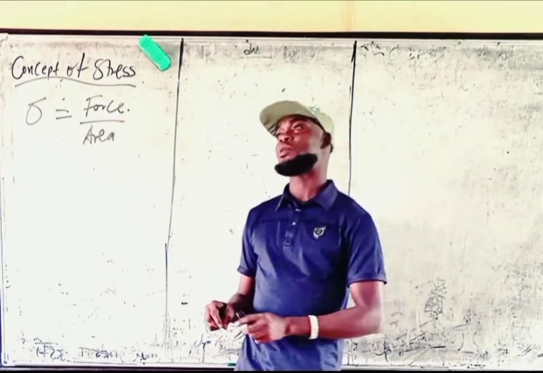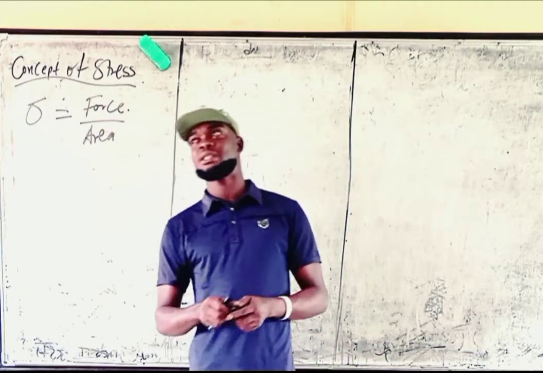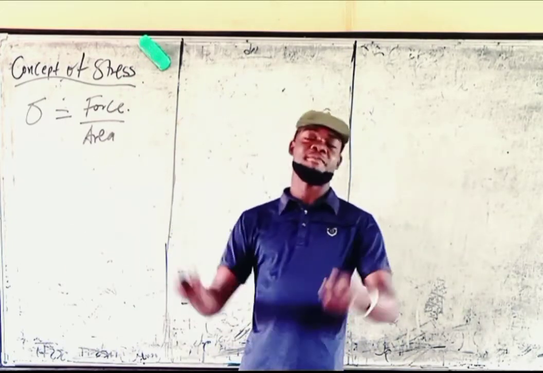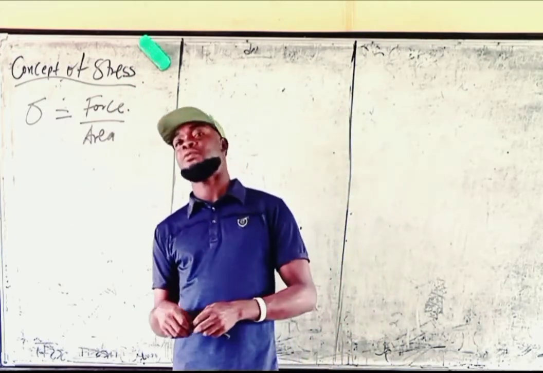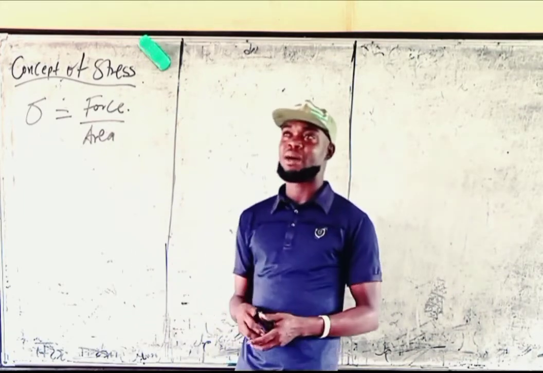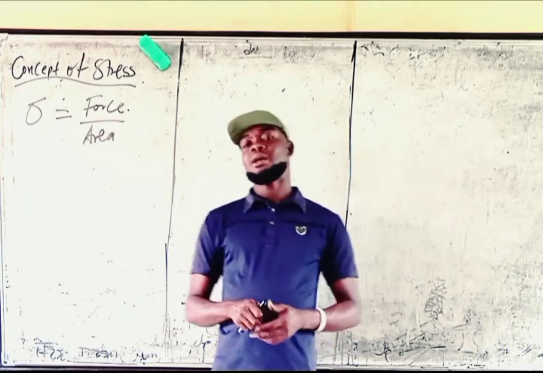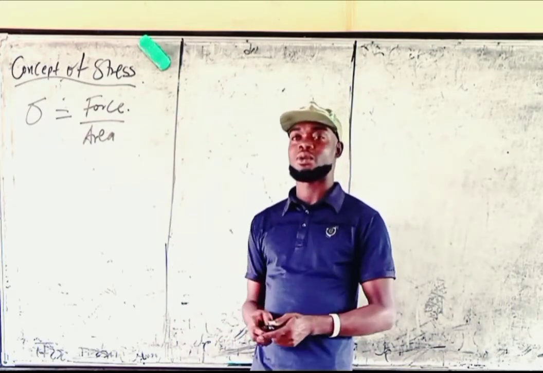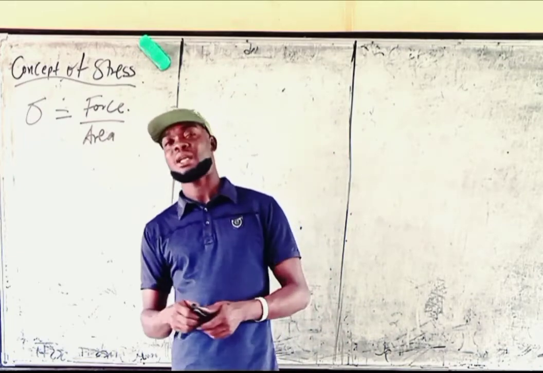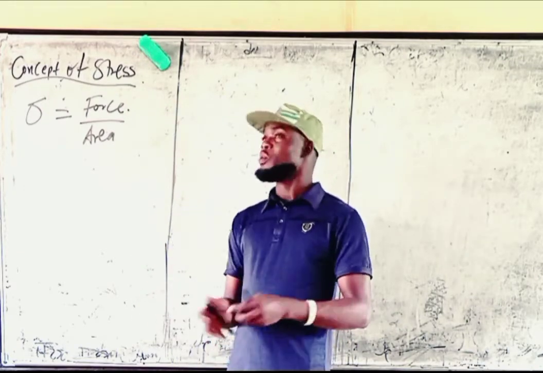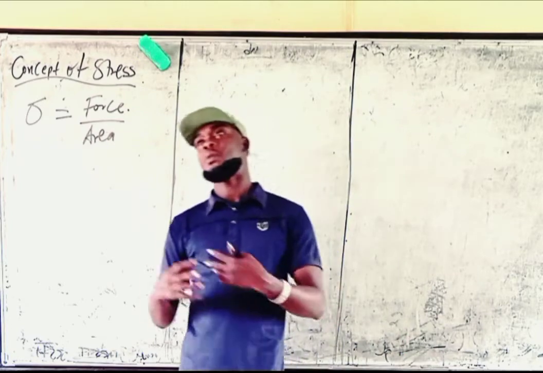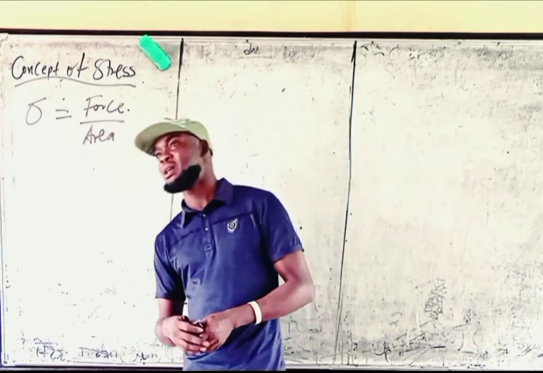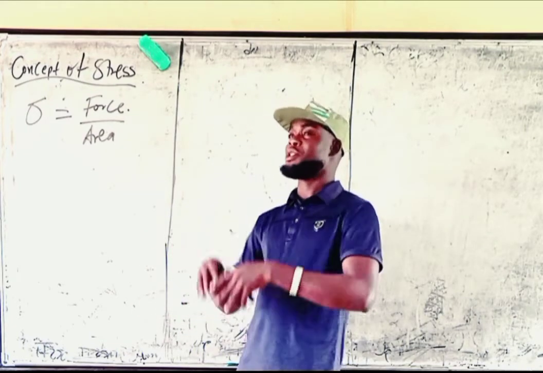In the next class, I'm going to look at the stress-strain curve to determine a property of a material called Young's modulus. It's a material property, and we also have what we call geometric properties. Material properties describe the strength of a material, while geometric properties describe the shape of that material.